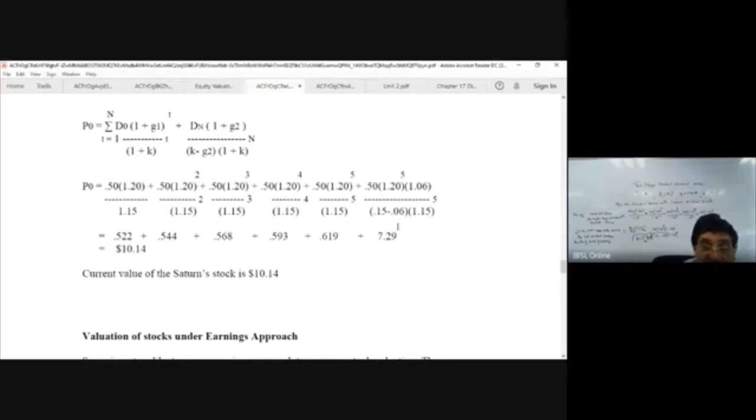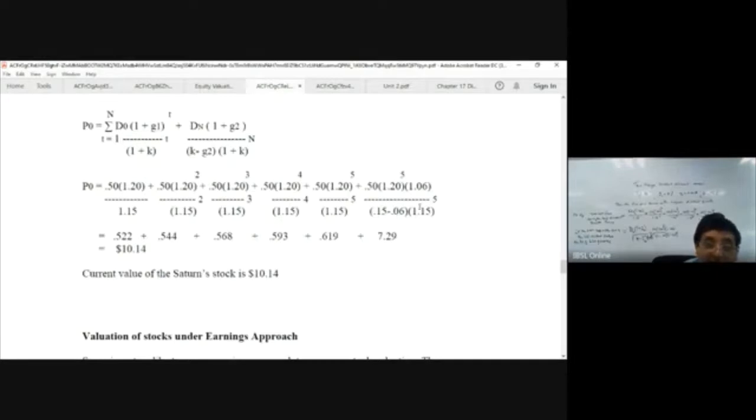Now when you sell it at that time, that is D0 into 1 plus G divided by K minus G. But D0 at that time would be D5, not D0. 0.50 into 1.2 to the power 5. And it has to be 1 plus G, but G would be 6% rather than 20%. 1.06 divided by 0.15 minus 0.06.